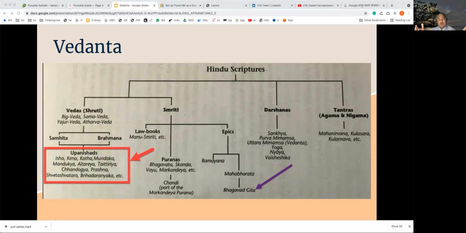We don't want to become scholars in knowing at what year this was written, who wrote it, and how long it is. Who cares? This is the kind of time that you want to ask this question. Who cares if it's 5,000 years old or 5 years old? Does it make sense to you? Does it help you?